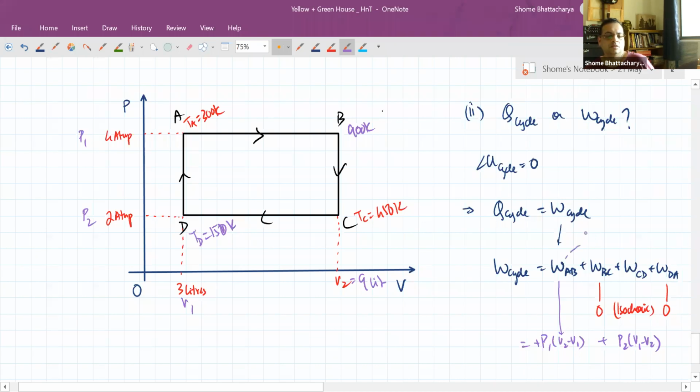So this one is isobaric expansion, so you'll have a positive work done. Sorry, this one is an isobaric compression.